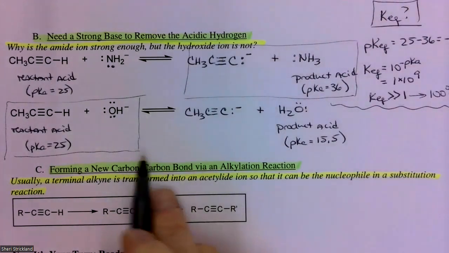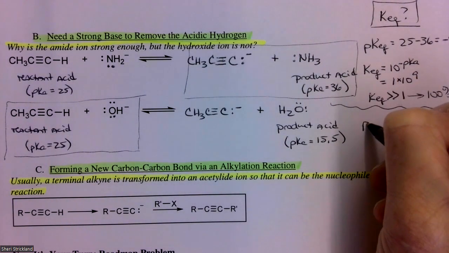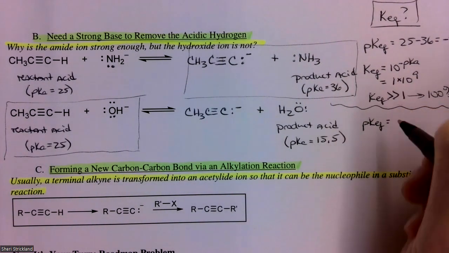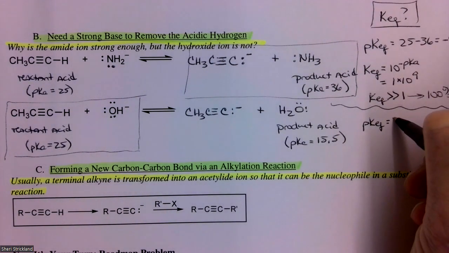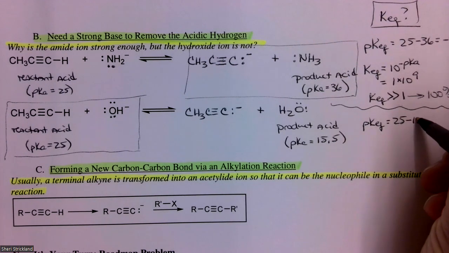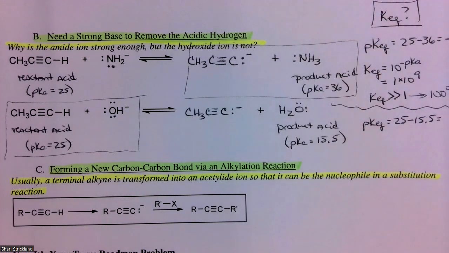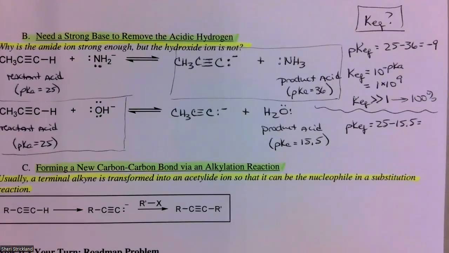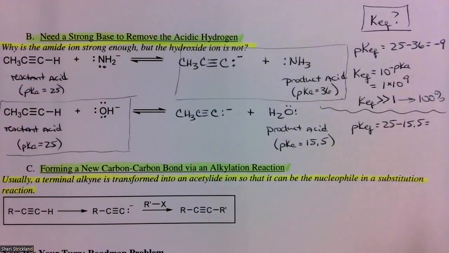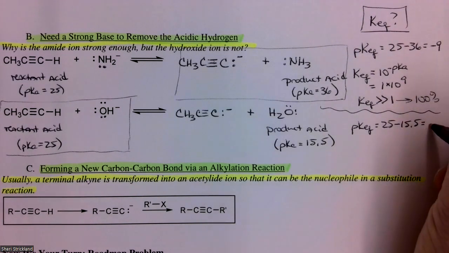All right, so what about this one? pKeq, take the pKa of the reactant acid minus the product acid, 25 minus 15.5. I beg your pardon, I'm off screen. There we go. It gives us 9.5.